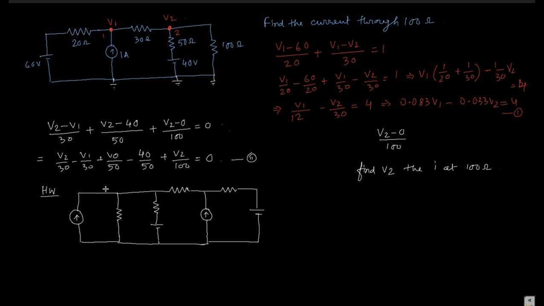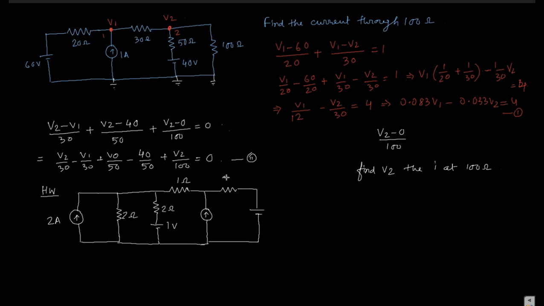So this is a circuit. There is a 2 ampere source, then a 2 ohm, a 2 ohm with 1 volt. This is 1 ohm.